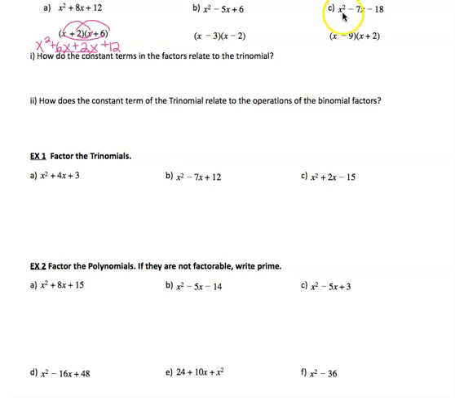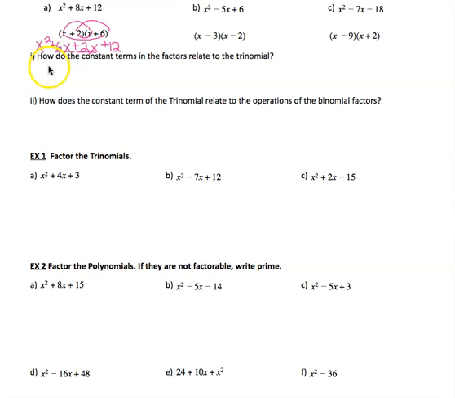And then here with x squared minus 7x minus 18, in my factorization I have a minus and a plus. So the first pattern that we want to observe by looking at these ones that are already done is how do the constant terms in the factors relate to the trinomial. So this is a two-part issue.